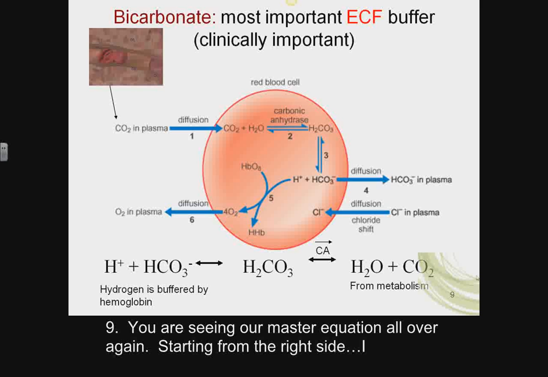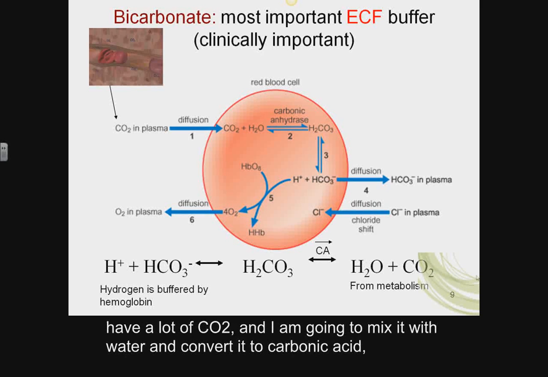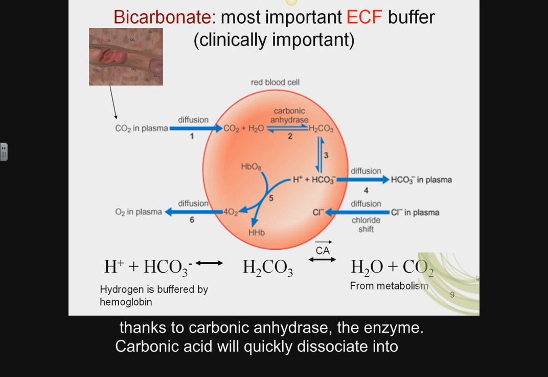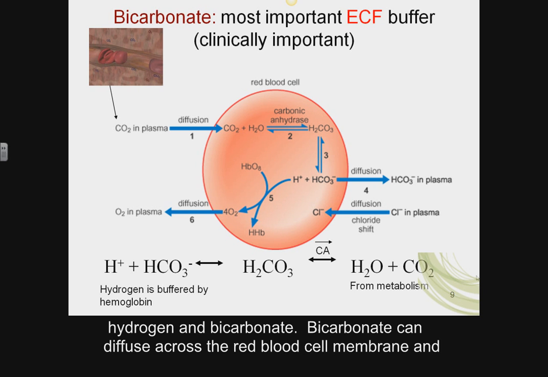You are seeing our master equation all over again, starting from the right. I have a lot of CO2, and I'm going to mix it with water and convert it to carbonic acid, thanks to carbonic anhydrase, the enzyme. Carbonic acid will quickly dissociate into hydrogen and bicarbonate.